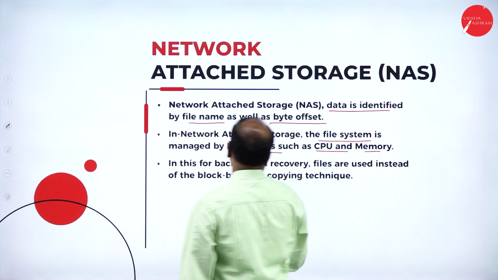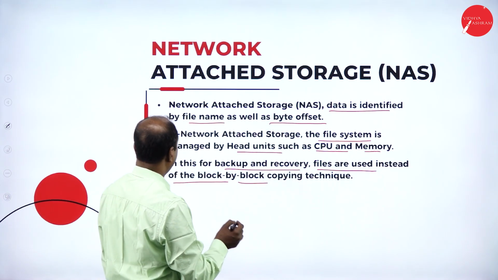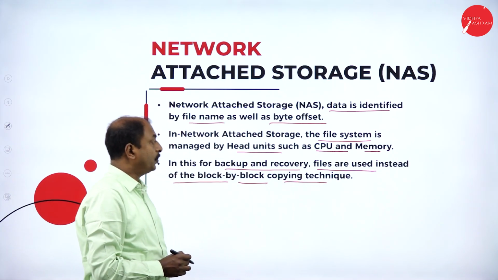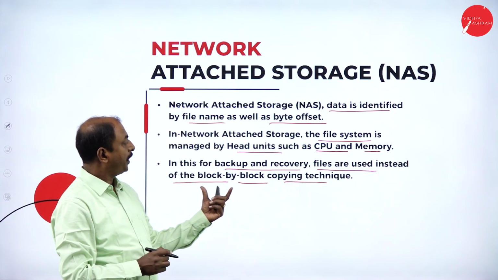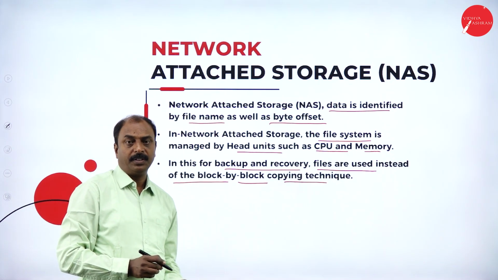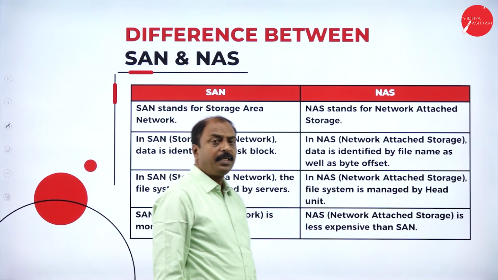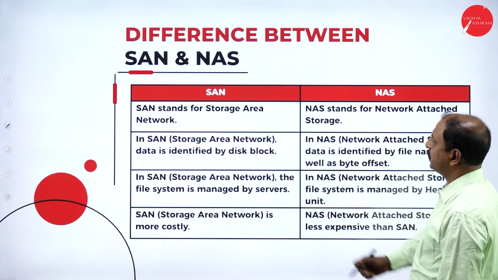For backup and recovery, files are used instead of the block by block copying technique. So here we take backup through the files instead of copying one block of information. So this is NAS.